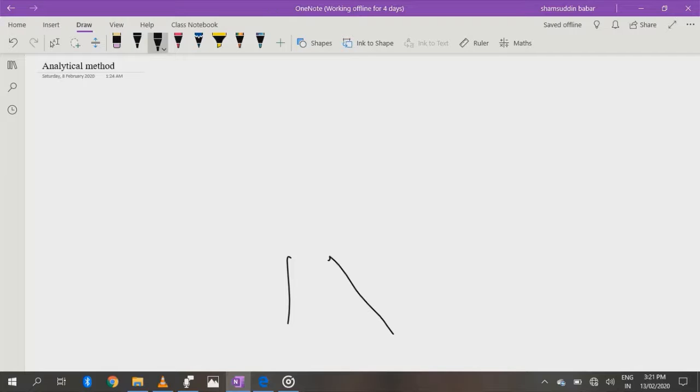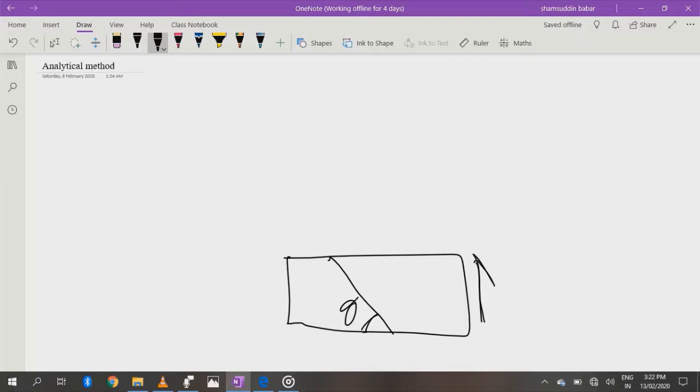For example, this is my body, and this is the shear stress. We need to find out the normal stress as well as shear stress in an oblique section. The oblique section is this at theta.